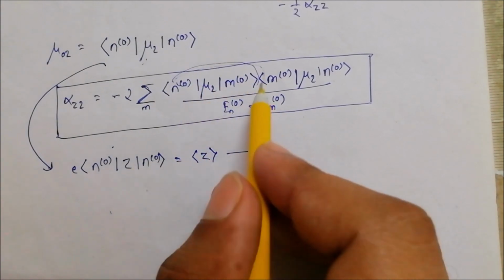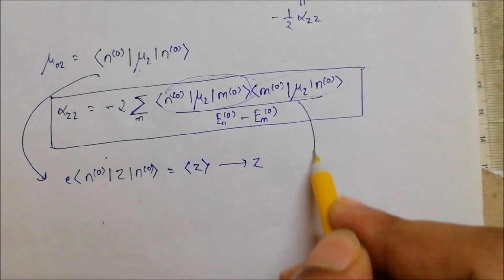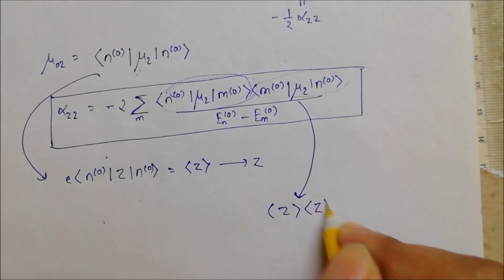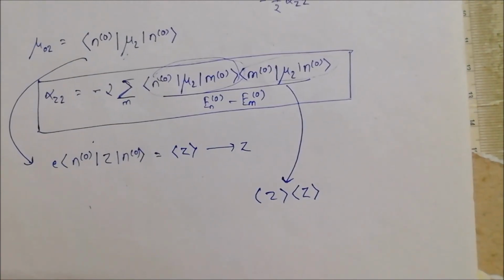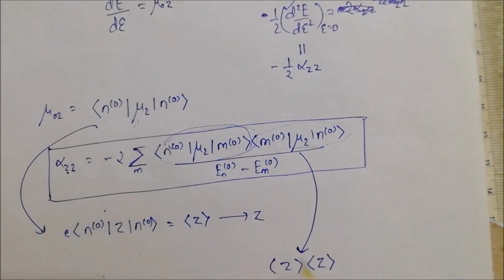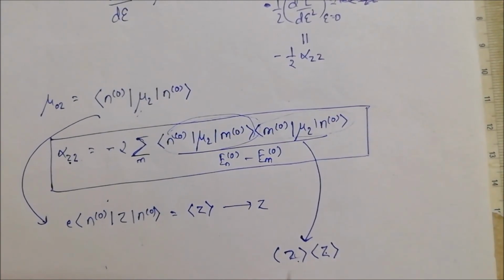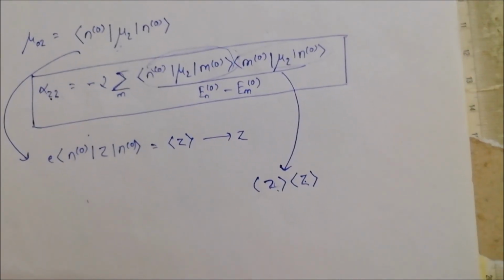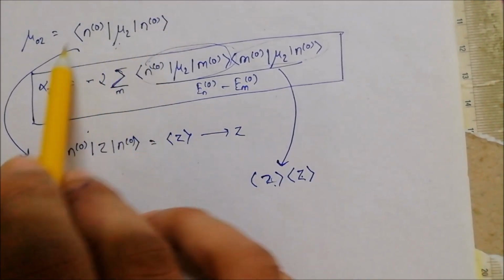Similarly, these kinds of expressions also transform like this. Suppose it wasn't alpha zz but alpha xy, then it will be x into y, expectation of x into expectation of y. In some sense, I'm not saying that it's exactly this, but you can think of it like this.